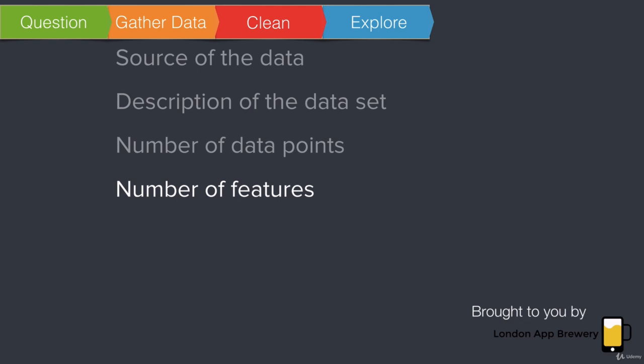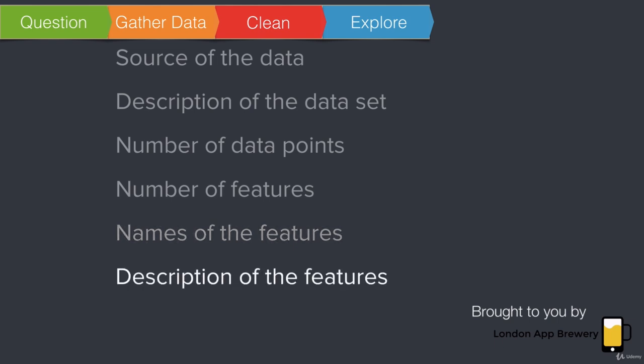The next 2 questions we're going to ask ourselves are, what are the names of the features and what are the descriptions of each feature? The reason these questions are very crucial is because we need to understand what the dataset is actually measuring. Sometimes you'll get datasets with pretty unintuitive measurements.